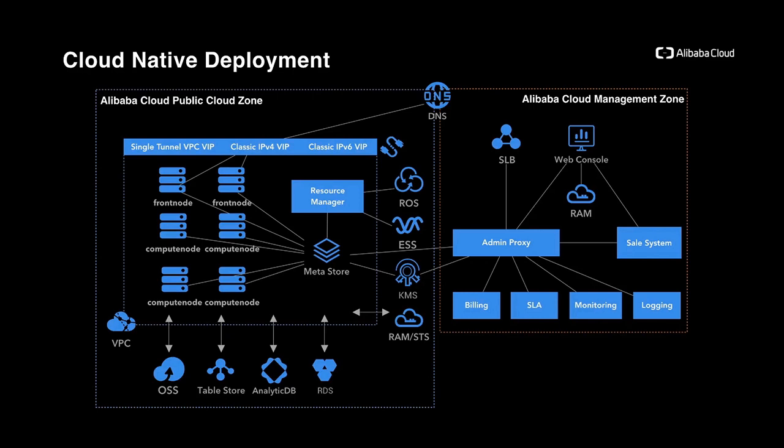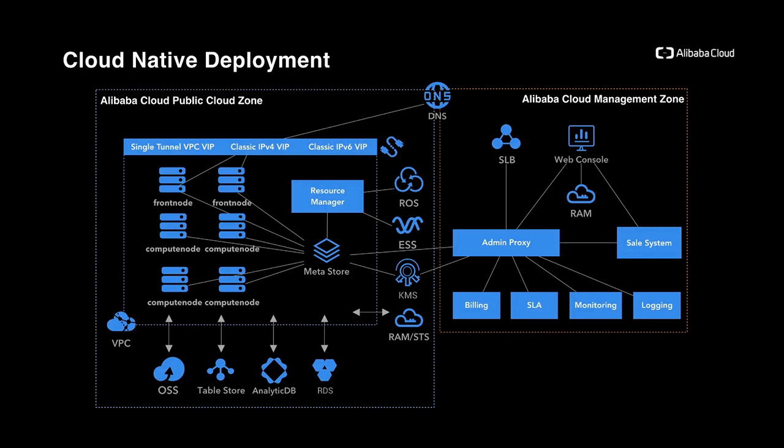All DLA service and computation nodes are on ECS within its own VPC network. The Resource Manager module communicates with ROS and ESS for service provisioning and online expansion and shrinking. DLA follows the third-party cloud product access policy via RAM and STS.